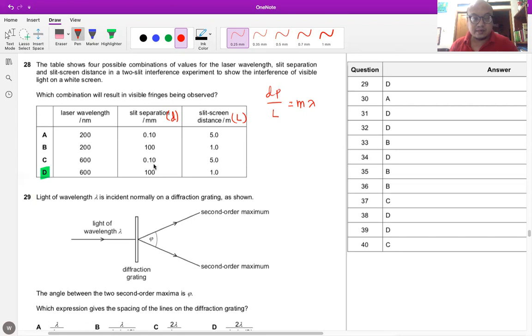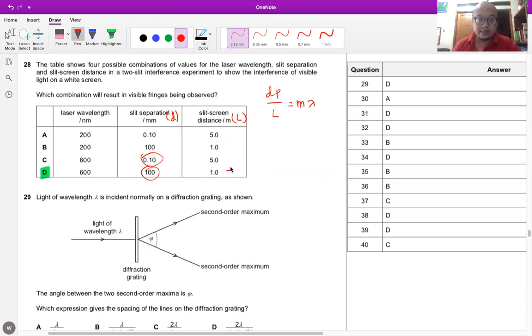Set separation. Let me check the configuration between 100 and 0.1, because this is something also.